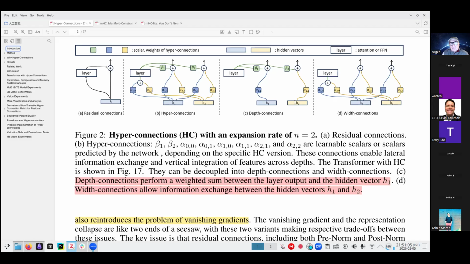The width connection is where you adjust the connection pattern between the multiple residual connections. So here you have weights that control the flow from the two residual streams to each other.